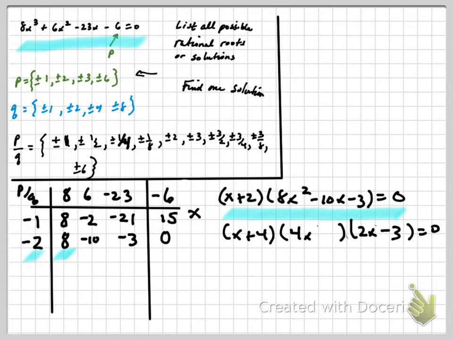This needs to be a -3, and this is supposed to be a 1. If you check the O and the I part of FOIL, this is a -12x. You do the inner part, these two, this is a 2x. So it adds up to a -10, which is what you see right here. So I have factored it correctly. That's checking the O and I in FOIL.